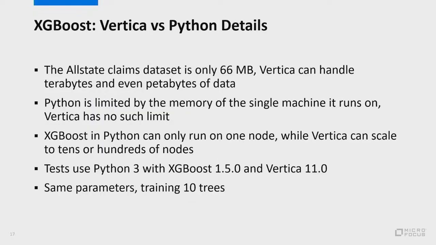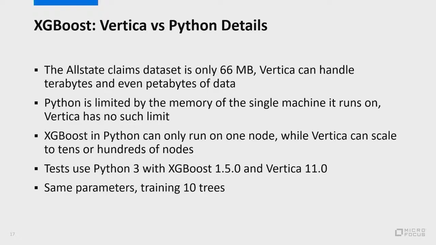Some details about that example: the data set there was very small, and part of the reason for that is that Python can only handle as much data as you have memory. While there are pretty huge machines nowadays, it's still usually very expensive if you want more than a few gigabytes of memory.